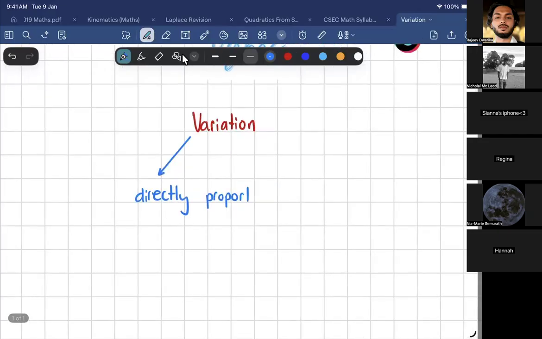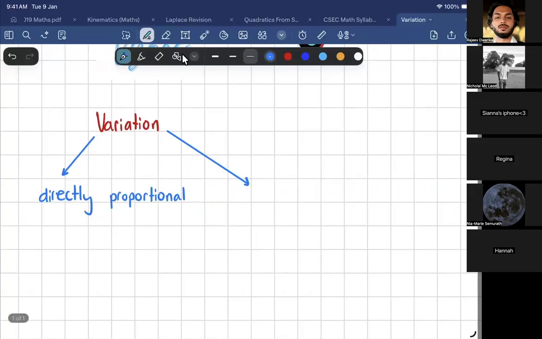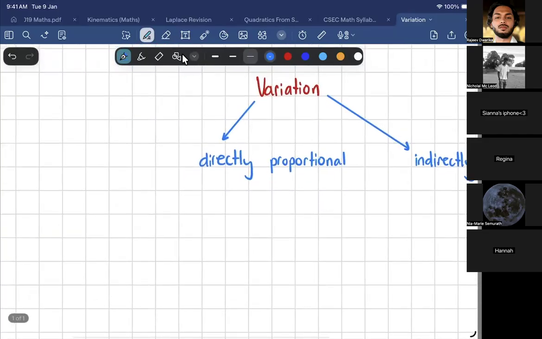Directly proportional, or we say inversely proportional as well. All right, so the first one we're going to look at is directly proportional.